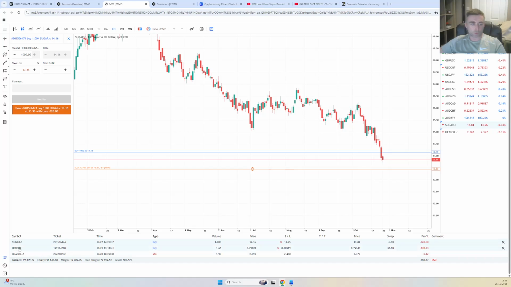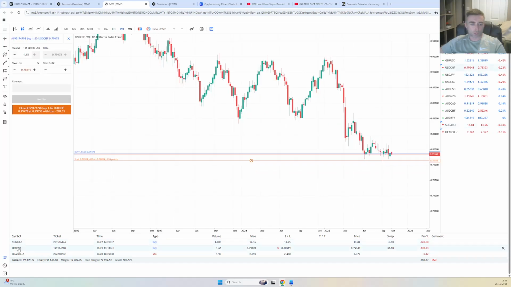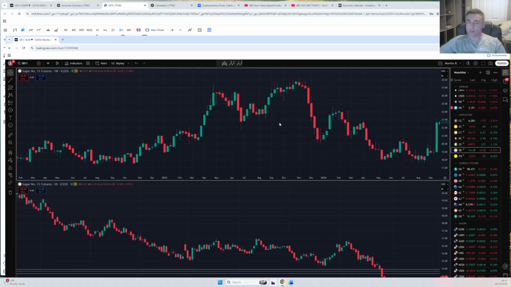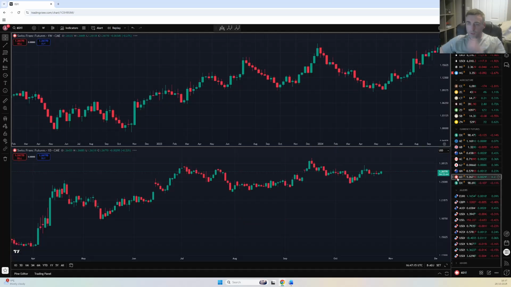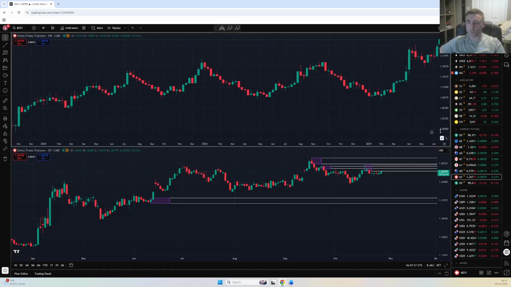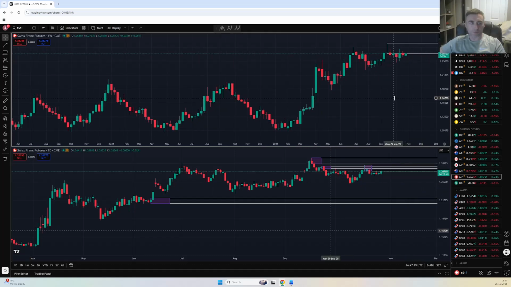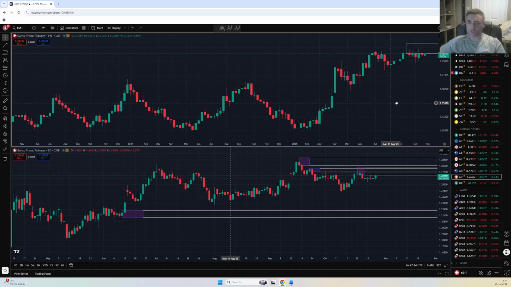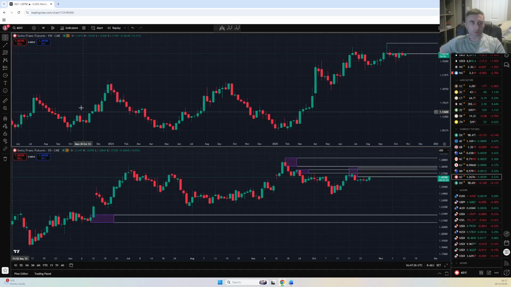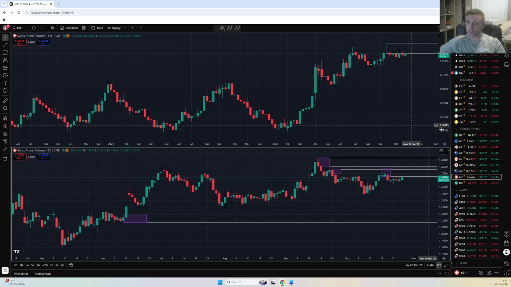Now I'm also on the USD Swiss franc. Let me find this. Here we go. Right, the USD Swiss franc. Now, when I'm looking to get into a forex trade, to begin with I'll always check the futures markets.